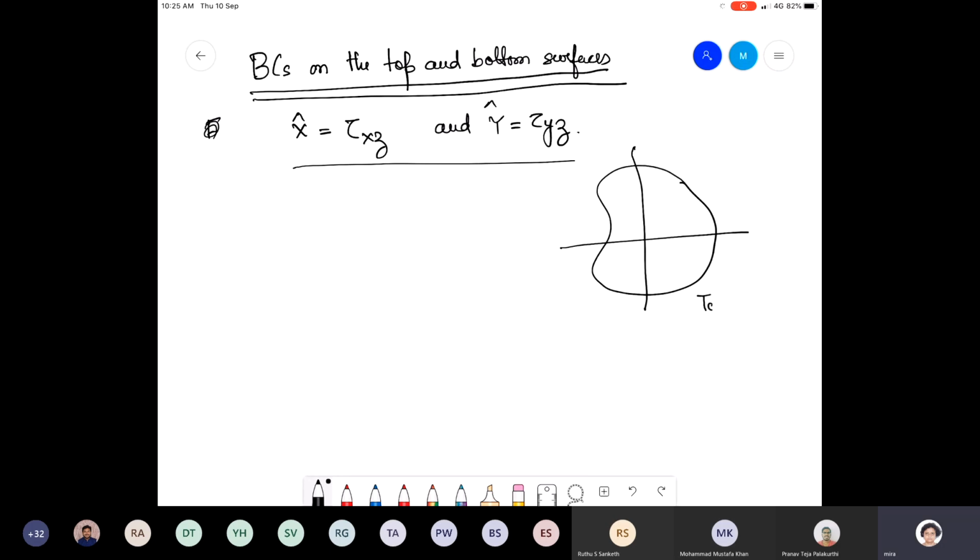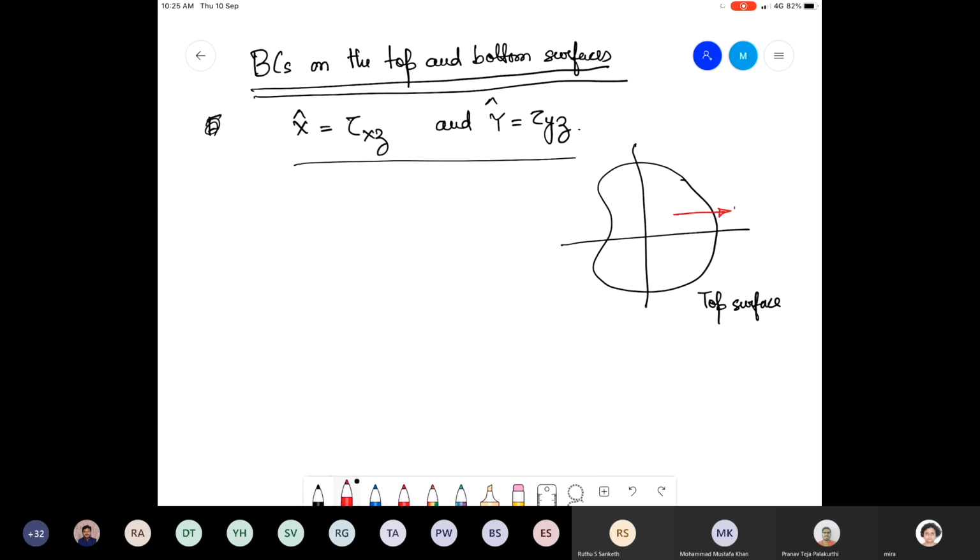So say this is the top surface. So this is how the surface forces on the top and bottom surfaces should be distributed in order to satisfy the boundary condition on the top and bottom surfaces.